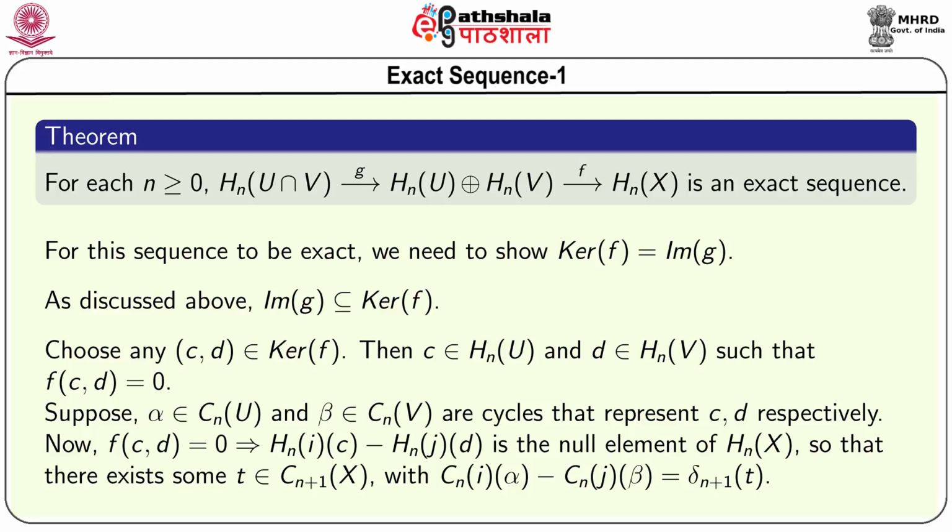Now, suppose alpha and beta are cycles that represent c and d respectively. Now, f of (c, d) equal to 0 implies H n i c minus H n j d is the null element of H n X, so that there exists some t in C n plus 1 of X with C n i alpha minus C n j beta equal to delta n plus 1 of t.